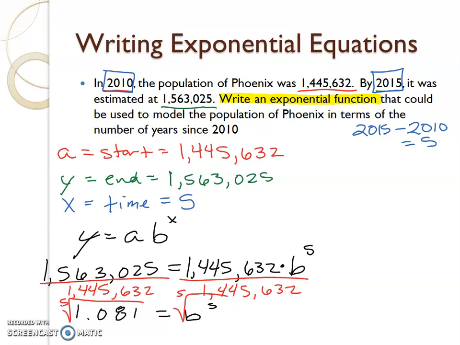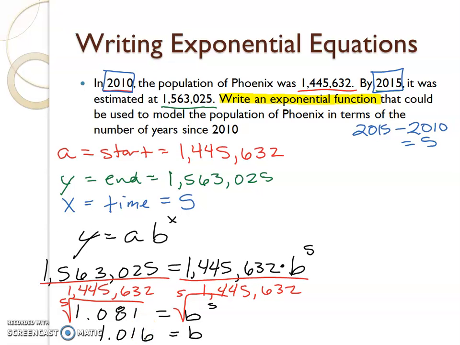I enter 1.081 underneath it, press enter, and when I do that, I find that my b value is 1.0156, so I can round that up to 1.016.